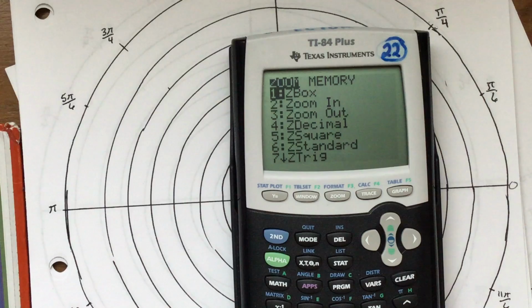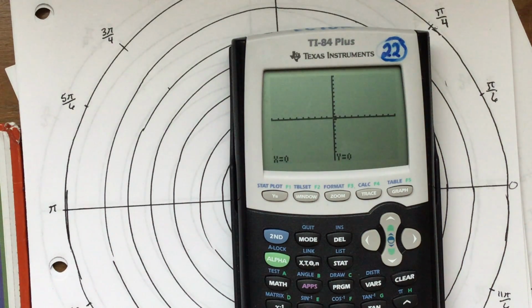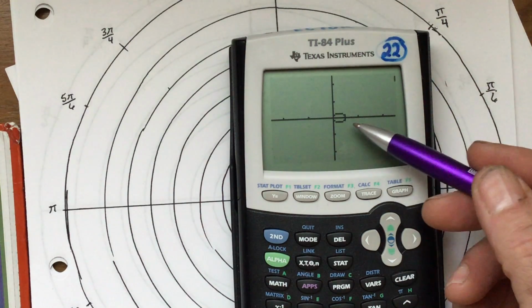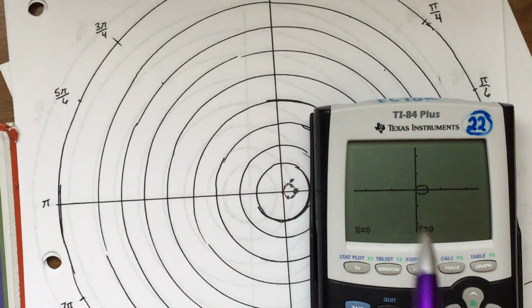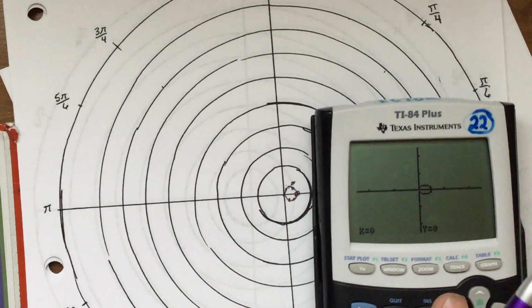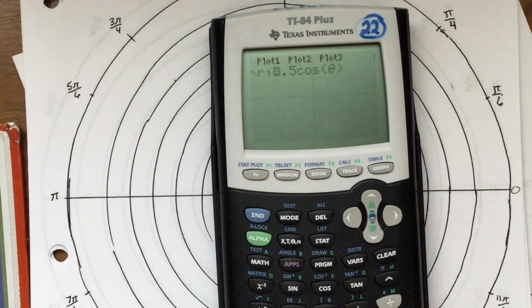If you zoom in, there it is. Mine's kind of ugly, but it looks like that one right there. And I know that I've done it right. The more complex they get, the more helpful this is going to be for you.